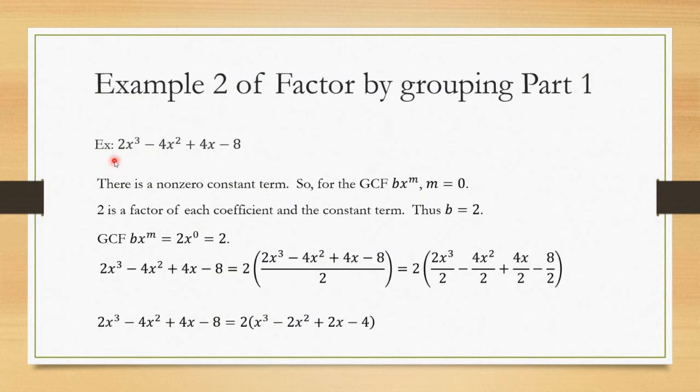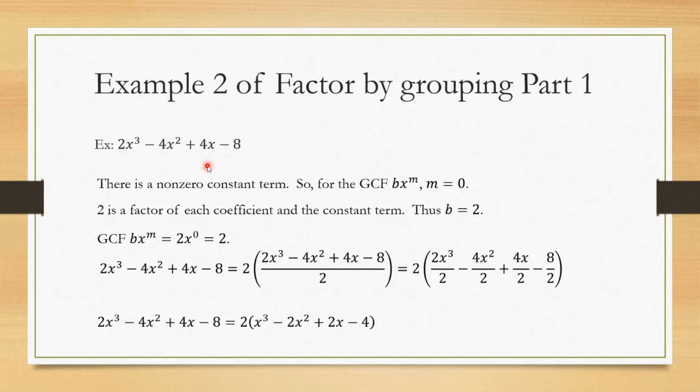Now, we could list the factors of 2, 4, and 8. You could do that. However, since 2 itself is a factor of the other coefficients and the constant term, it turns out that 2 is the greatest common factor of the coefficients and the constant term.